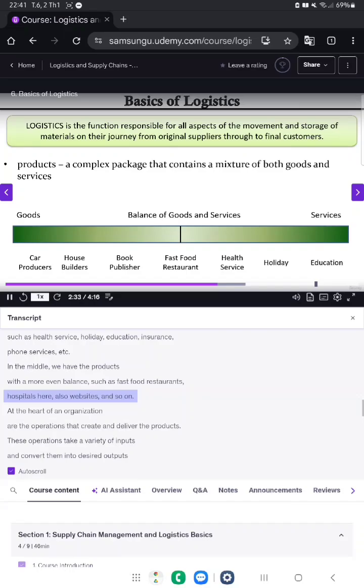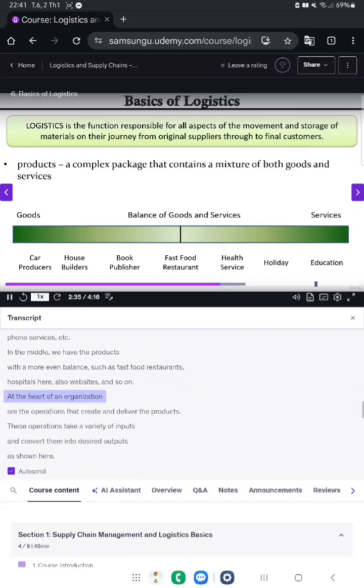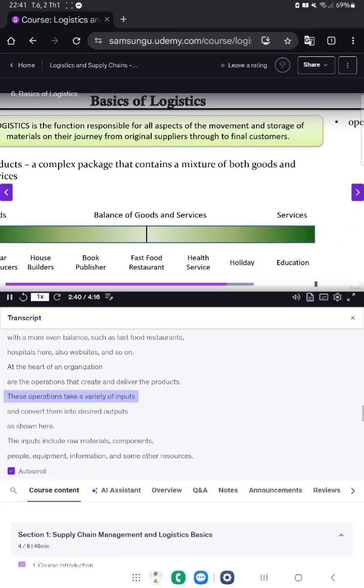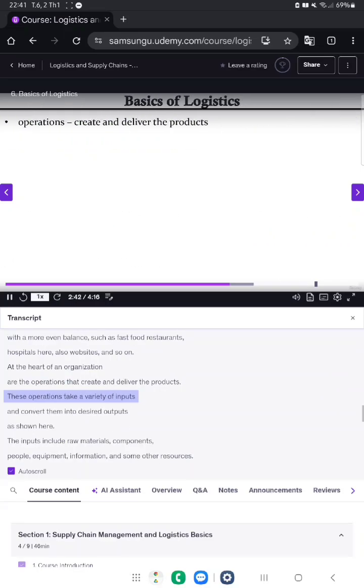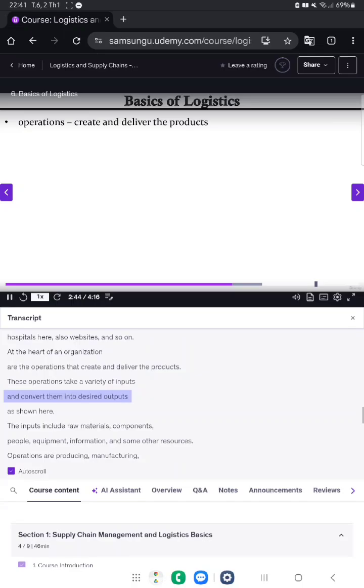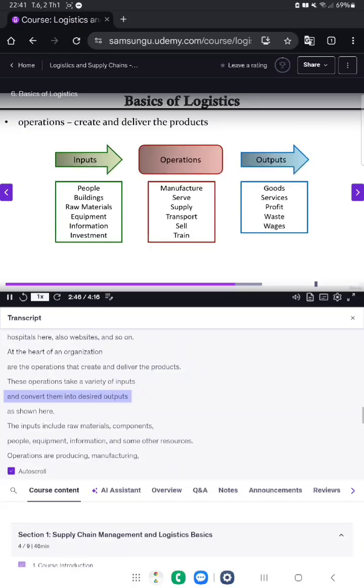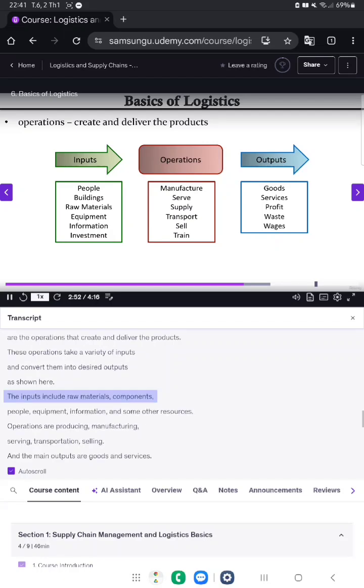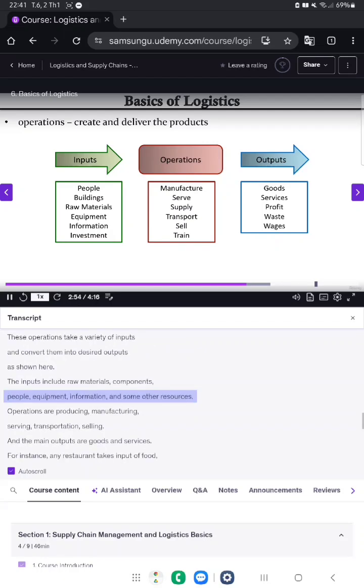websites, and so on. At the heart of an organization are the operations that create and deliver the products. These operations take a variety of inputs and convert them into desired outputs, as shown here. The inputs include raw materials, components, people, equipment, information, and some other resources.